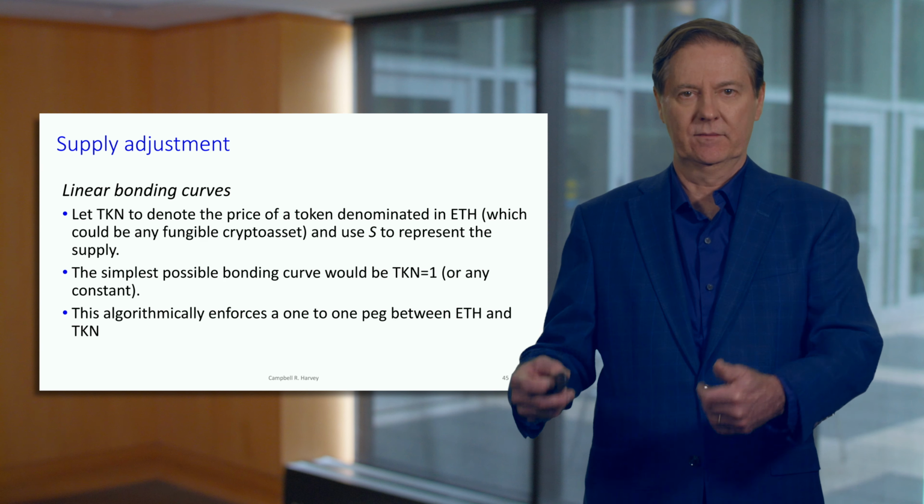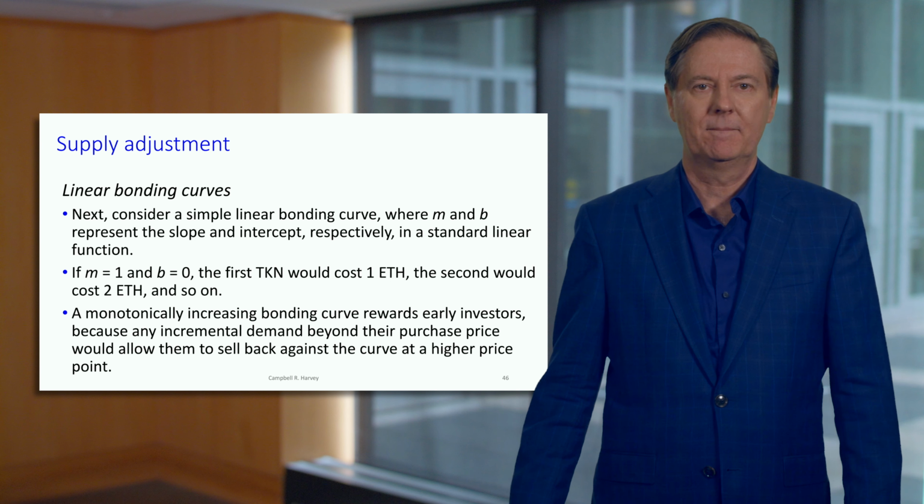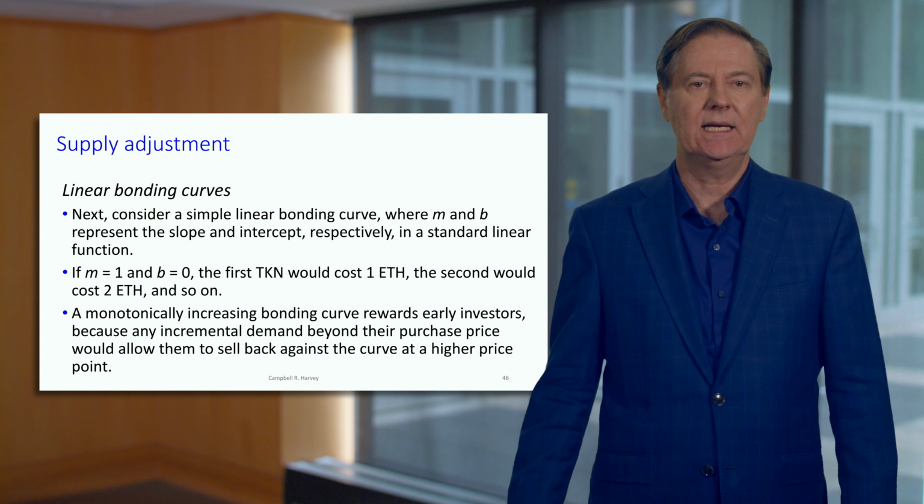So let's do this a little more generally, with a linear bonding curve. A linear equation has got a slope and an intercept. The slope is m and the intercept is b. So let's consider a very simple linear bonding curve where the slope is 1 and the intercept is 0.